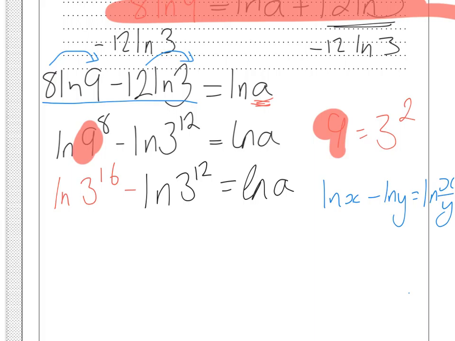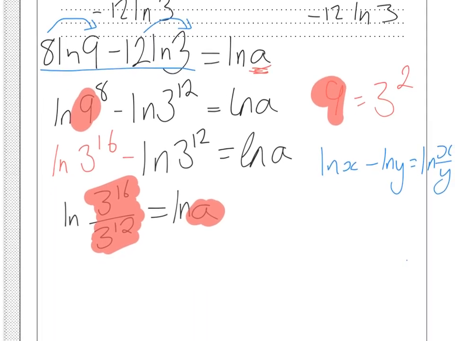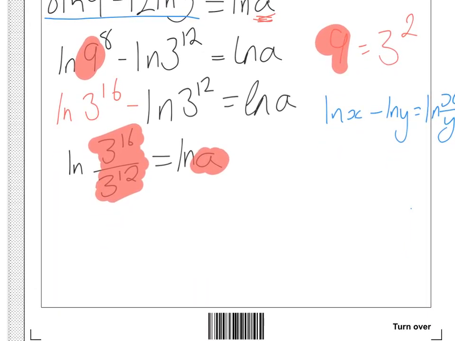So instead of ln 3 to the 16 minus ln 3 to the 12, I can write it as one logarithm. ln of 3 to the 16 over 3 to the 12 is equal to ln A. And now, because it's written as a single logarithm, I can ignore the logs and say, if the logs are equal, then the numbers inside the logs must be equal. Or another way to think of that is I'm doing e to the power of both sides to cancel out the logarithms. However you think about it, you get to this step, 3 to the 16 over 3 to the 12 is equal to A.